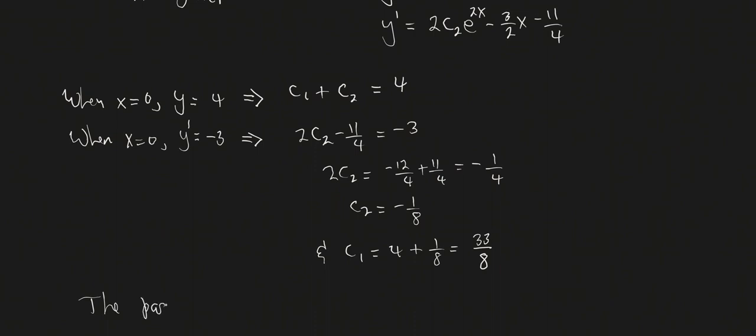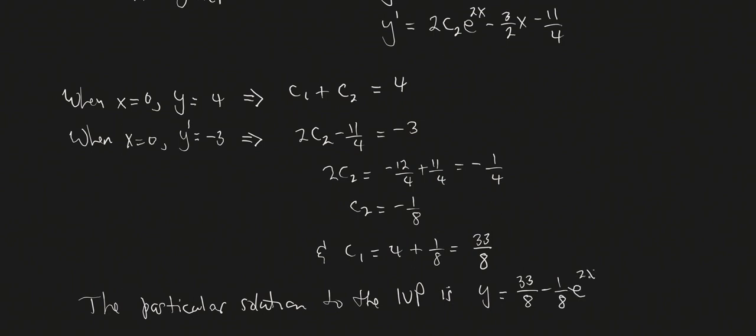The solution to the IVP is y equals, so C1 is 33/8 plus C2, and C2 is negative 1/8. So let's write that as negative 1/8 e to the 2x, and then minus 3/4 x squared minus 11/4 x, right?